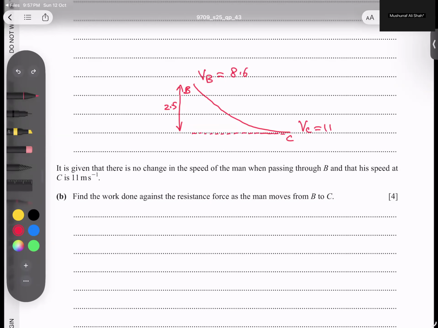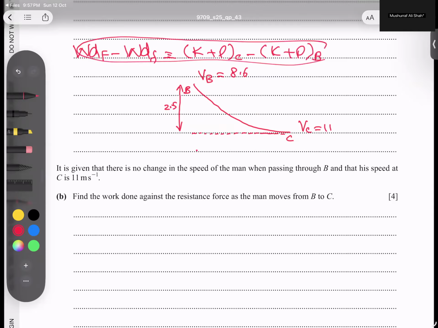What is the magic formula? I said before in the previous part: work done by applied force, work done by frictional force, kinetic energy plus potential energy at the end point, which is C, minus kinetic energy plus potential energy at the starting point, which is B.